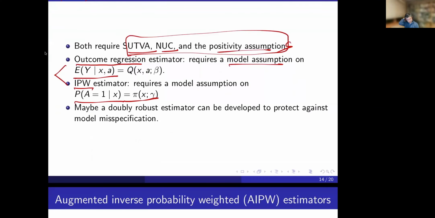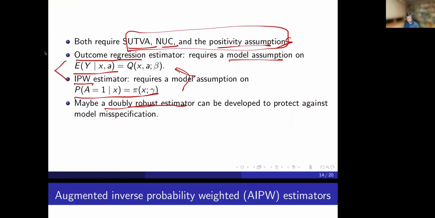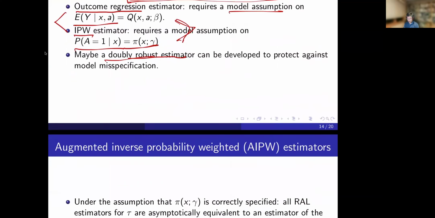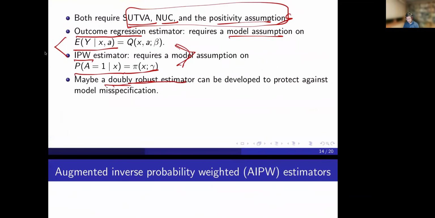Then we want a doubly robust estimator, in the sense that as long as one of the two models is correct, the estimator is unbiased. So there are two models: model 1, the outcome regression model, and model 2, the propensity score model.